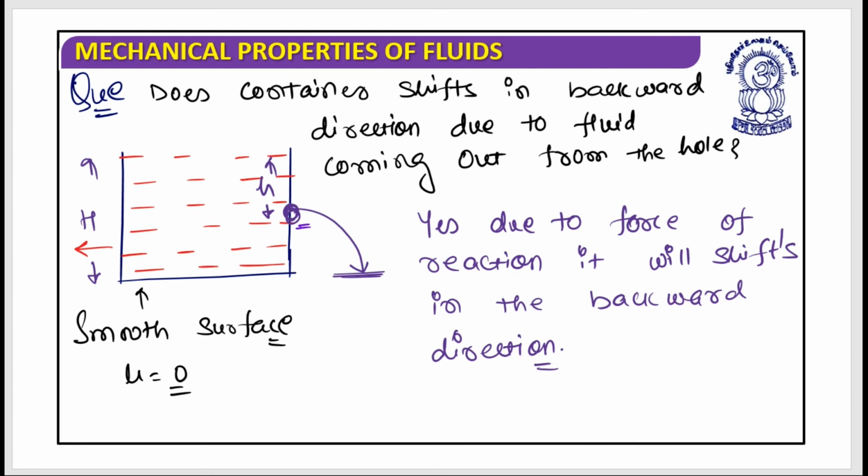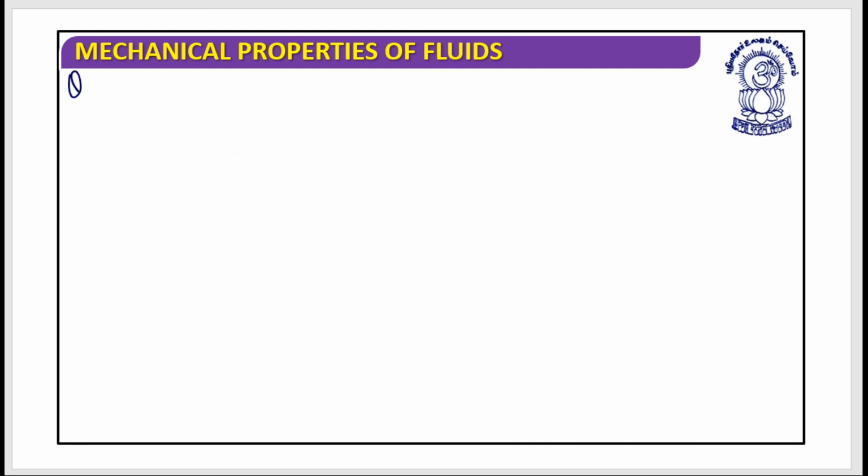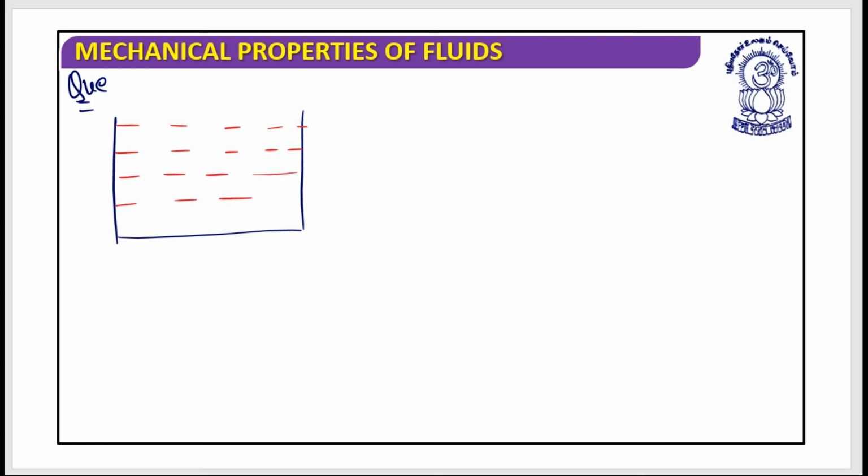Let's have one more question based on this. Let's suppose this is the container, and this is the first hole that you made over here, and this is the second hole you made over here.